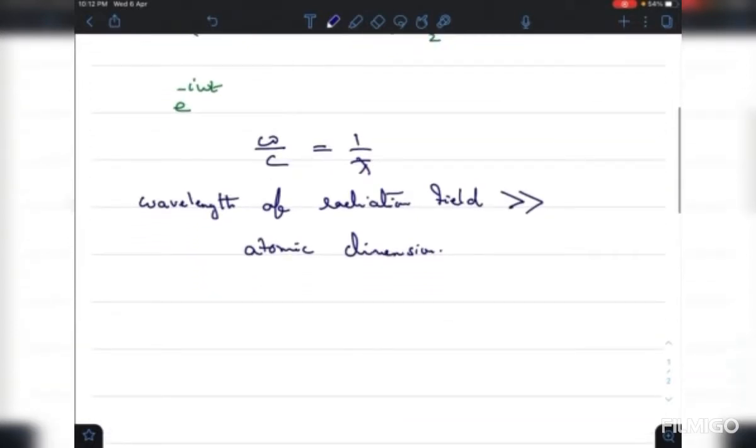We know that h cross omega, the energy term, is approximately equal to Z squared divided by R atom.